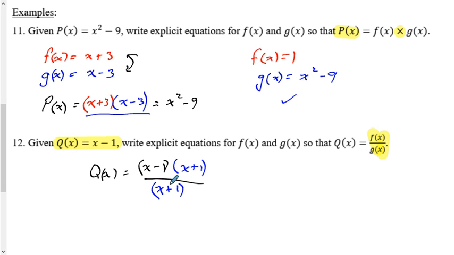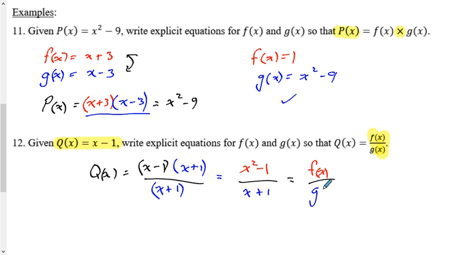So does that mean that f of x is x plus 1 and g of x is x plus 1? Well, not quite. Because remember, well, let me first expand this out. I would get, in the numerator, x squared minus 1. And in the denominator, I will have x plus 1. And what we wanted is for this to equal the f of x function divided by the g of x function.